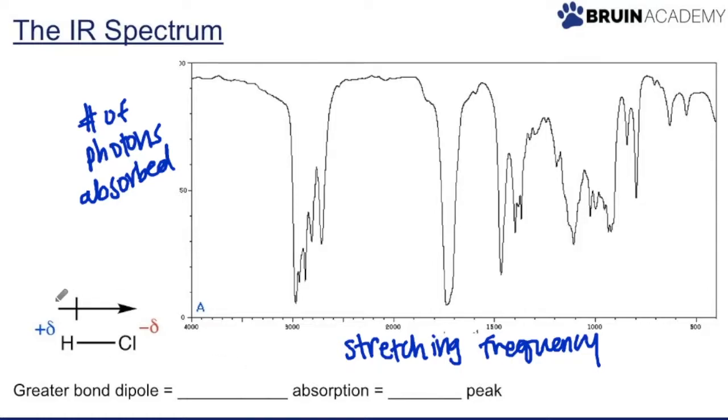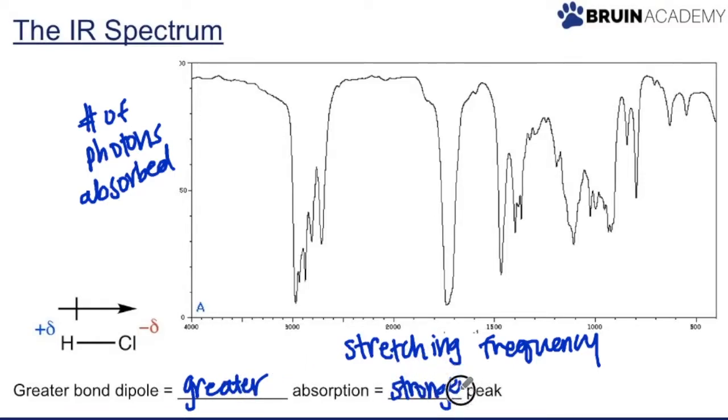If you take something like HCl, for example, it has a pretty strong dipole moment due to the fact that the chlorine is a lot more electronegative than the hydrogen. If you remember electronegativity, the electrons get pulled over to the chlorine here, and that's where this delta minus comes from. An important concept to know is that the greater bond dipole that you have, the greater the absorption, and the stronger the peak.